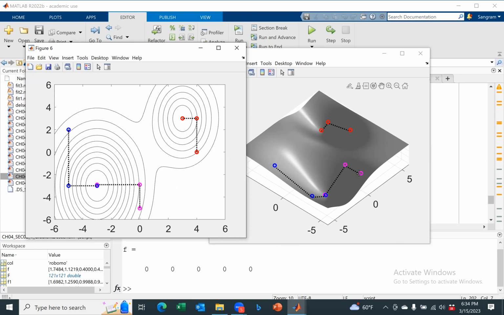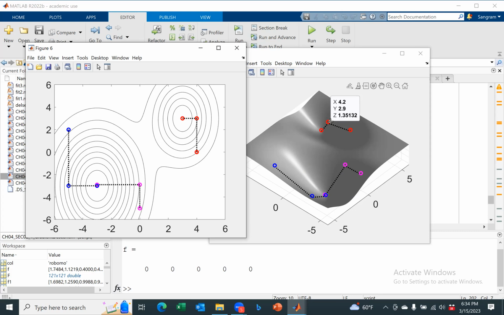For example, if you start somewhere close to this global valley or global dip, you will definitely get to this point. But if you start in the vicinity of this local dip, then you will get over here. So that is another important point that I would like you to keep in mind.